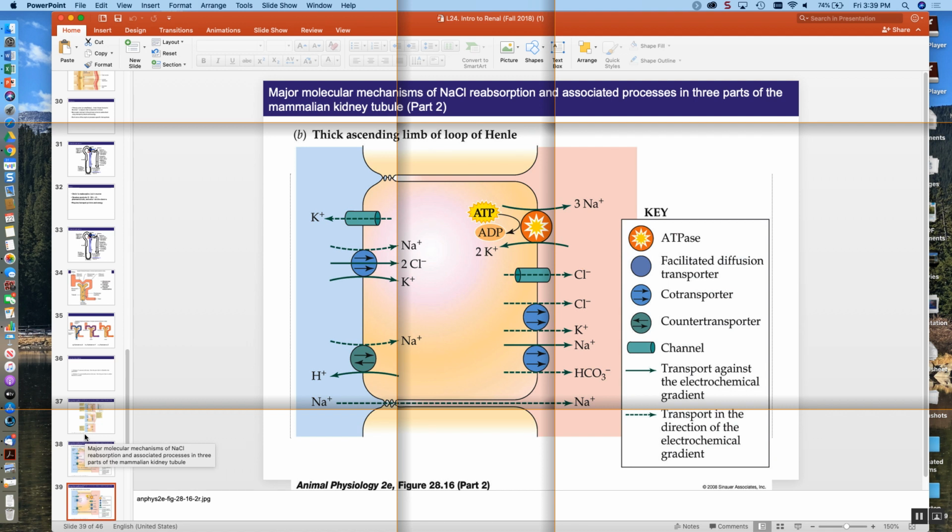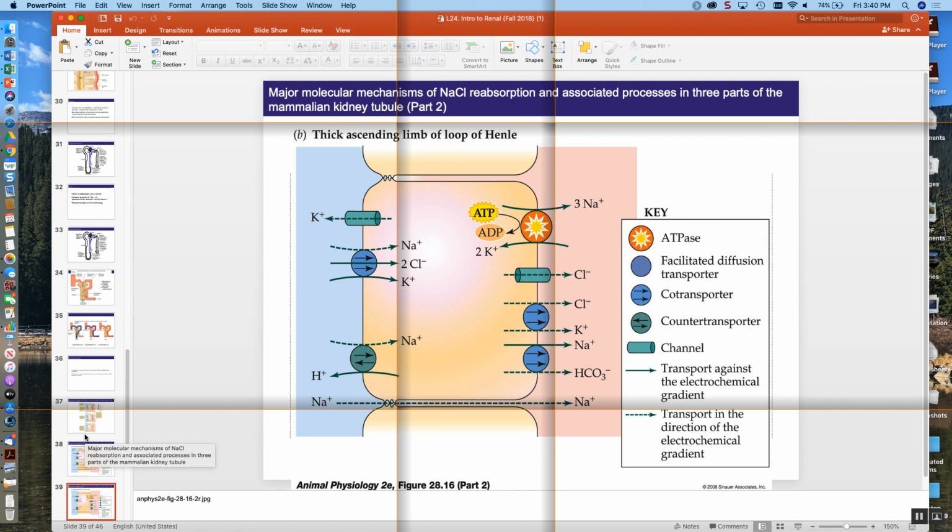This is an active transport mechanism because of the pump. You need ATP to run the pump to make sure you're transporting sodium across the basolateral membrane. That's why the thick ascending limb is called the countercurrent multiplier, because of these active transport properties.